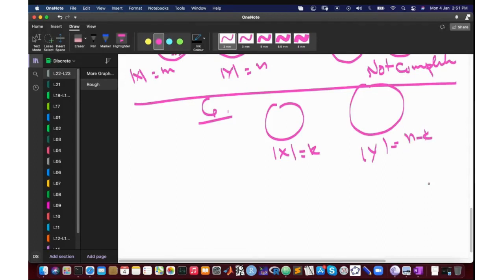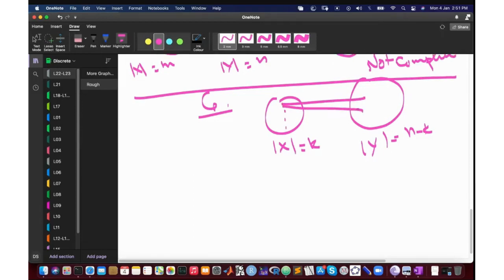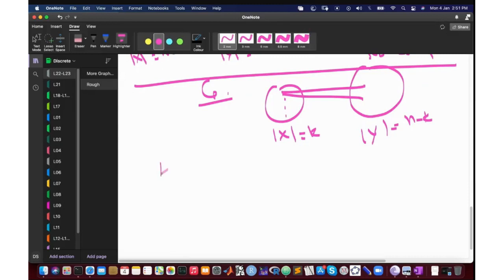When this is so, you will have every vertex in X connected to every vertex in Y, right? So the number of edges in this graph would be k times (n minus k), and what you want to do is maximize this number.